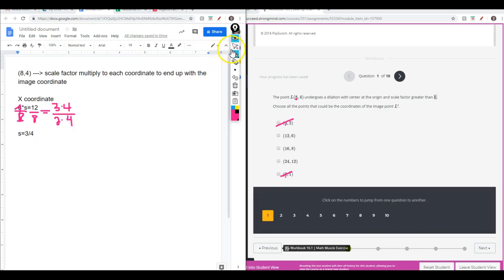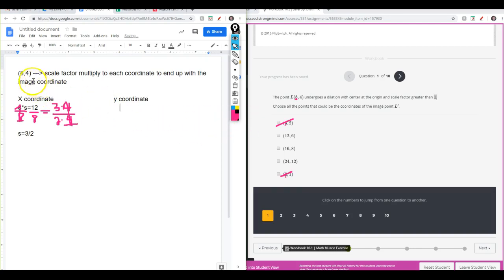Sorry, it would be 3/2, not 3/4, which we reduce down: 4 divided by 4 is a form of 1. So that's how I reduced it down to 3/2. Now we are just going to check and make sure that the y-coordinate scale factor is the same, because if it's not the same, then it's not okay.